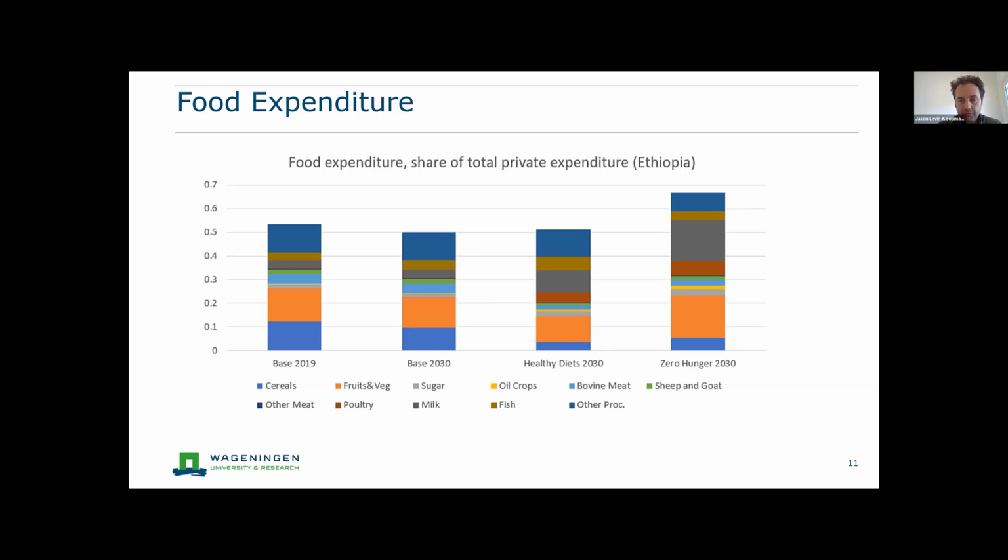But then, as we saw before, the zero hunger scenario increases the quantity, but also the prices of the food in this, and the share of total income increases significantly.